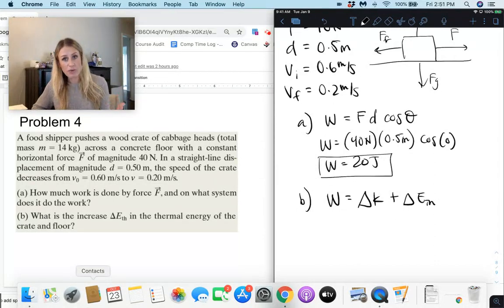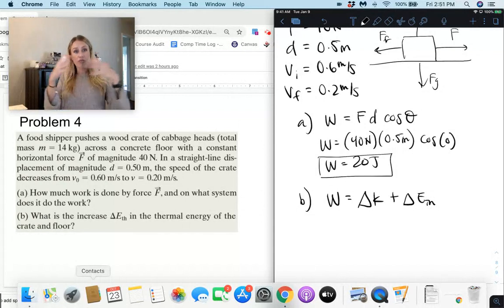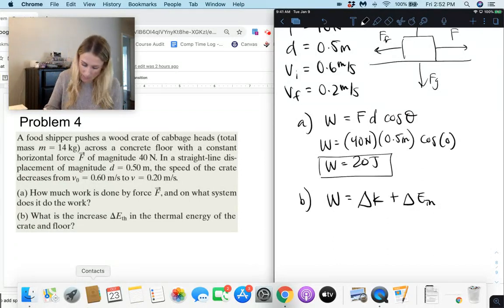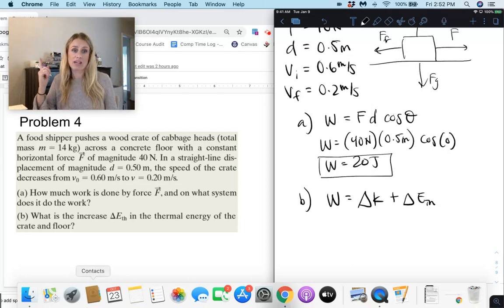We just found the work being done by that applied force, and like I said, in part A it is done on the block. But if we include the floor, then we can also include that in our equation, like we are doing for part B. So in part B, that work is being done on the block-floor system. We can find the change in kinetic energy because we know the mass of the block and the initial and final velocities.